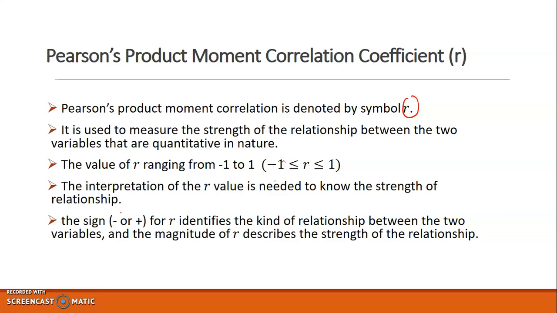So the sign indicates the kind of relationship, but the magnitude of R, meaning its value, describes the strength, whether it is strong, weak, or moderate.